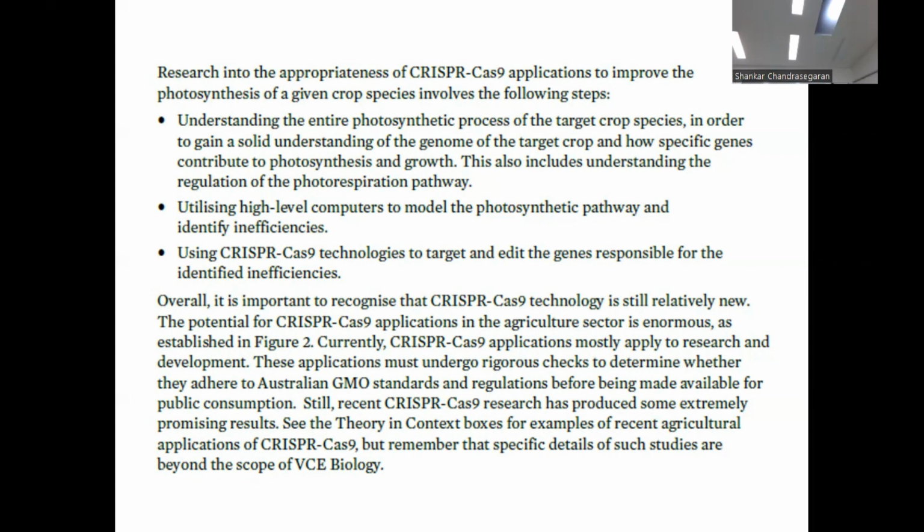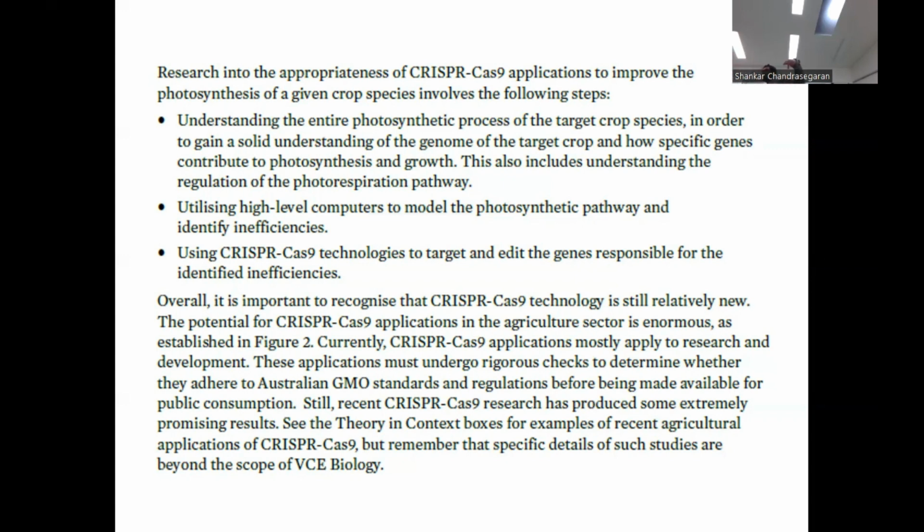Only then can we do the next thing, which is utilizing high-level computers with very powerful processing systems to model the entire thing such that they can find out where they can make improvements. So what are the inefficiencies of the entire system, and where can modifications be made to make it better? For each crop, there will be a different inefficiency.